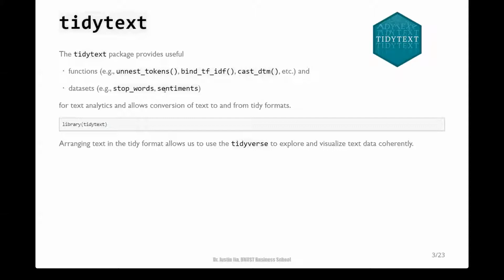This package also provides inherent support for tidy data format and allows seamless conversion of text to and from tidy formats. So when using it, we can switch seamlessly between tidy tools and existing text mining packages over the course of text analytics.